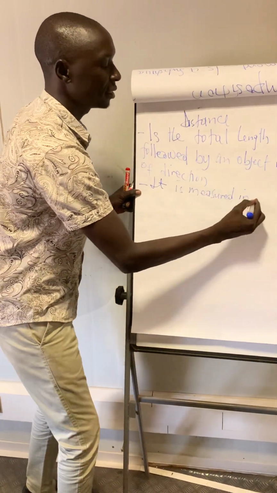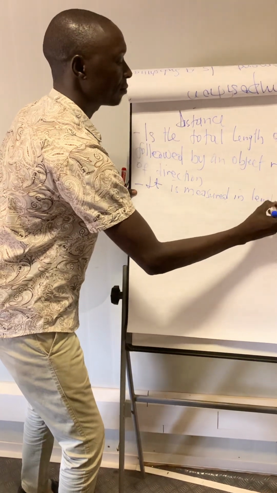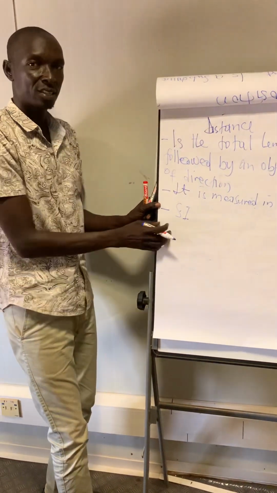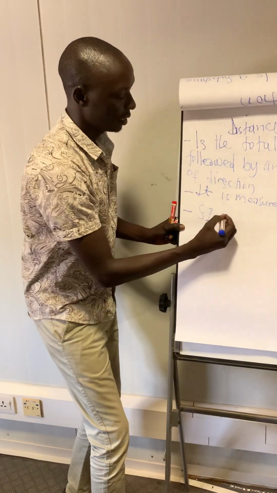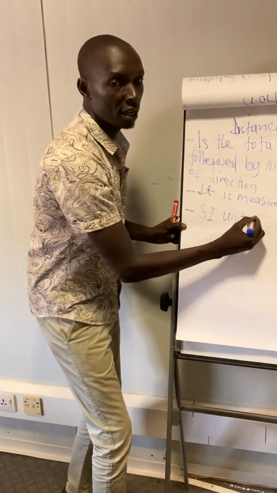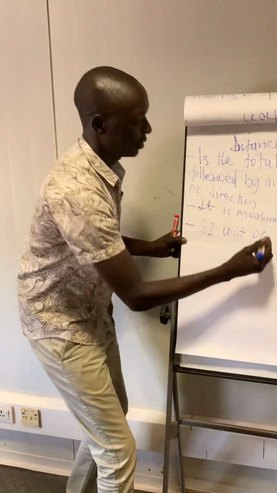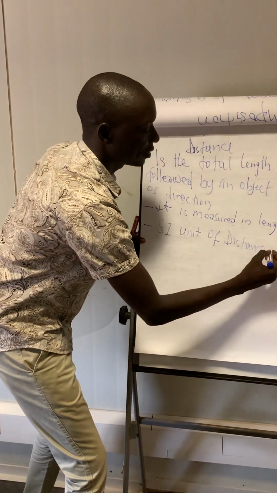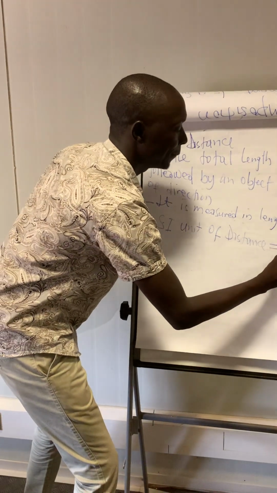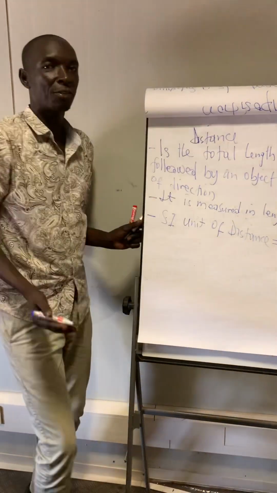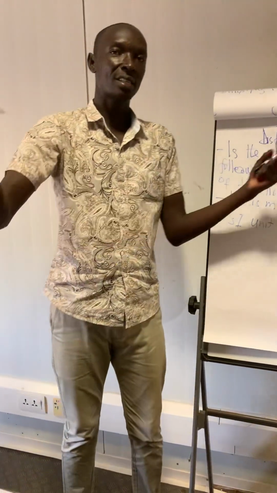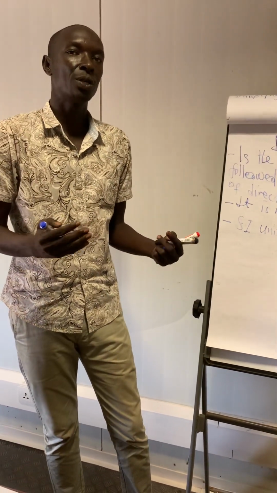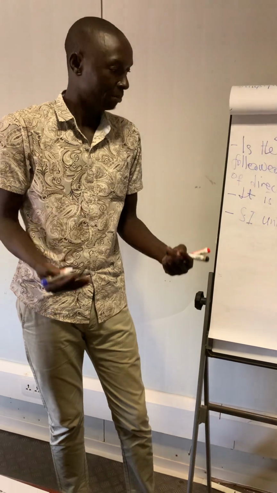Measured in length. And the SI unit, the International Standard Unit of distance, is the meter. Of course, if you are measuring a long distance, sometimes we use kilometers, or if it is a short distance, we use centimeters or millimeters.